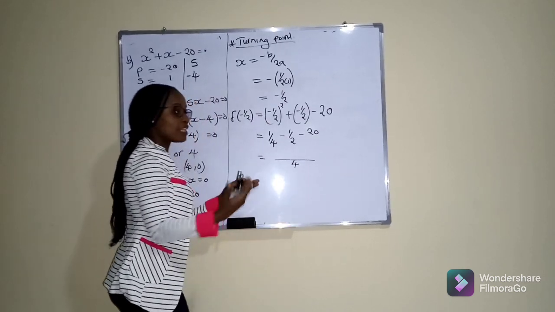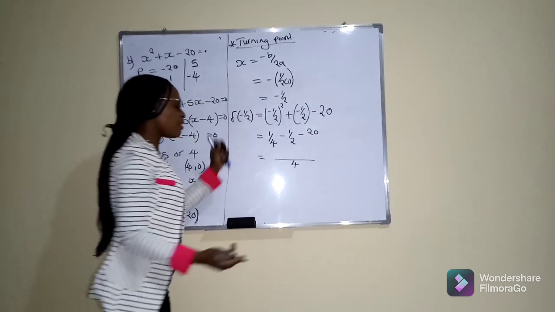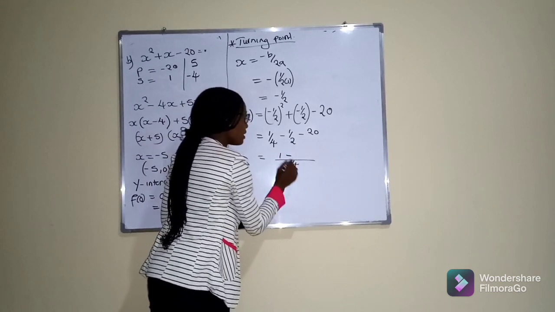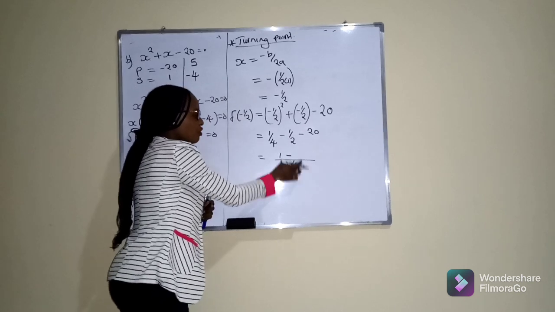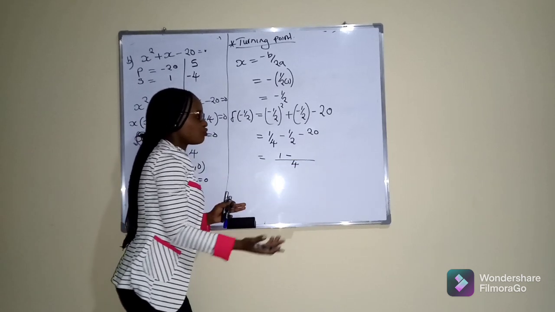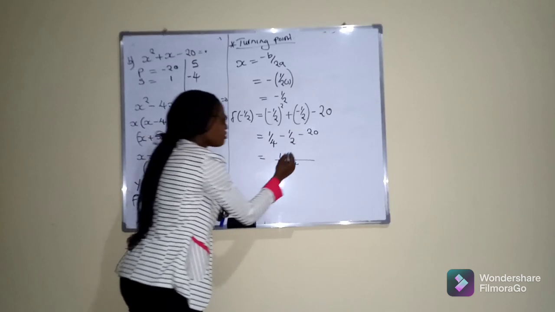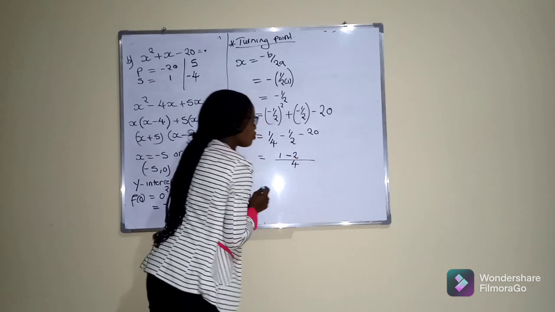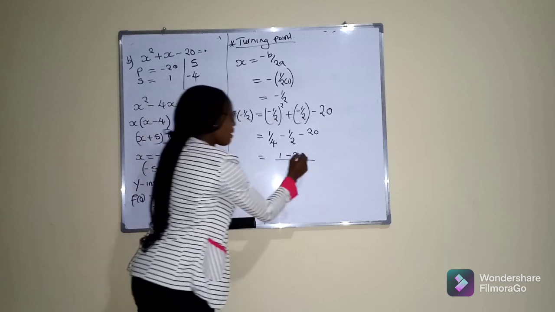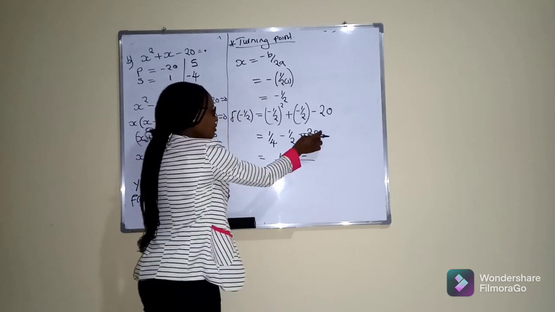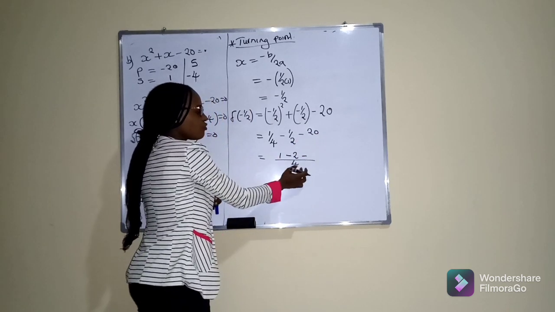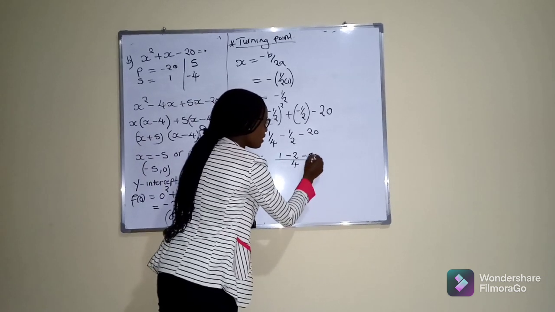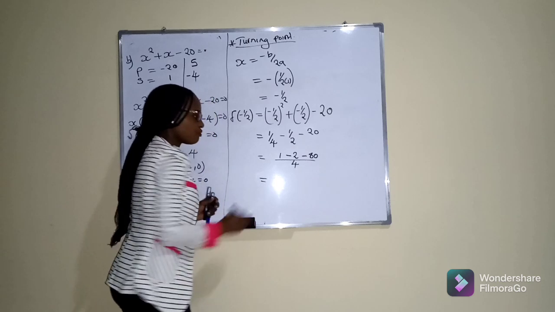4 into 4 gives us 1. 1 multiplied by 1 is also going to be 1. Then minus 2 into 4, that is 2, multiplied by -1, which will give us -2. Minus, we have 1. 1 into 4, that gives us 4. 4 multiplied by 20, giving us 80.